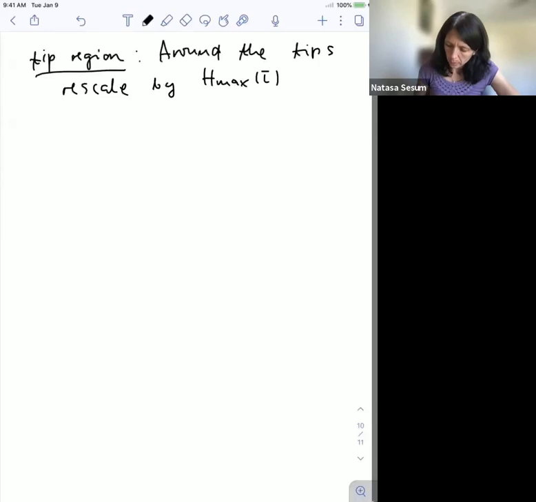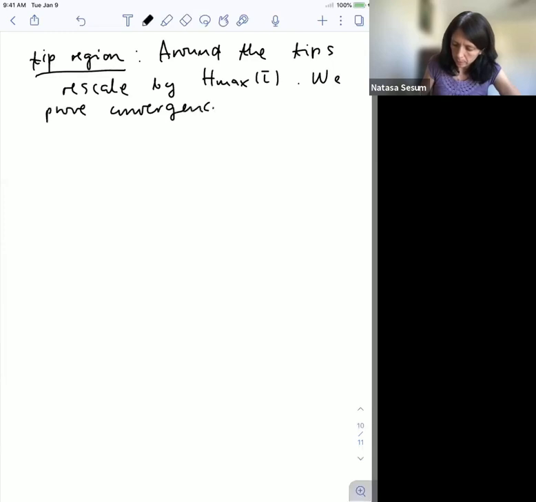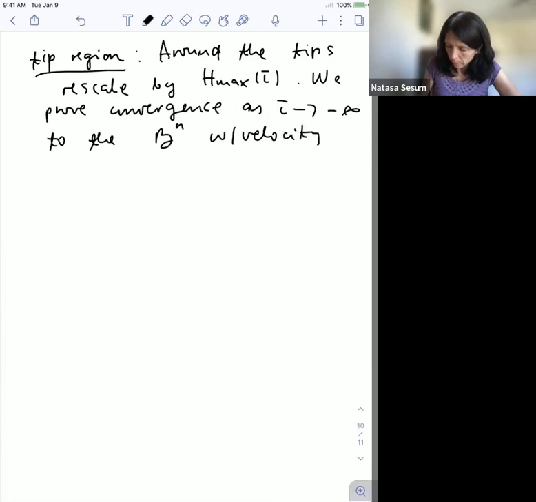Then we prove full convergence as tau approaches negative infinity to the ball soliton with velocity 1. Okay. So once we know that, we can discuss the uniqueness of our solutions.